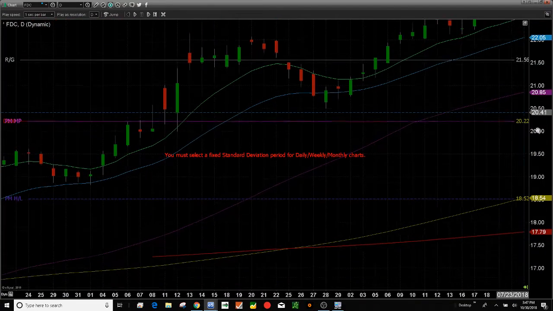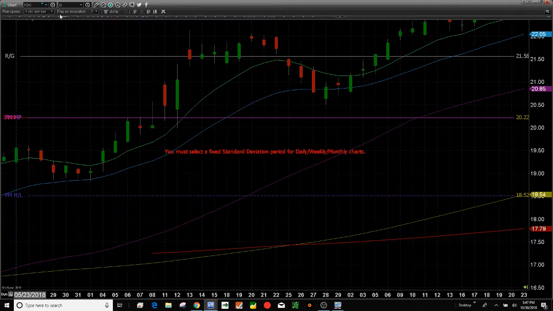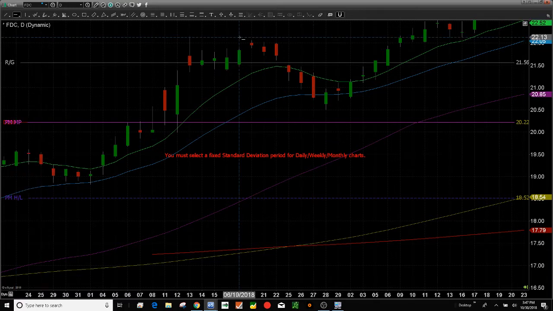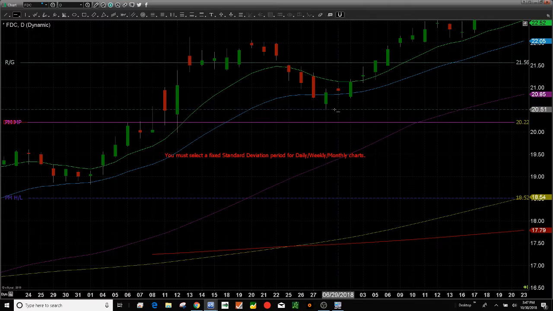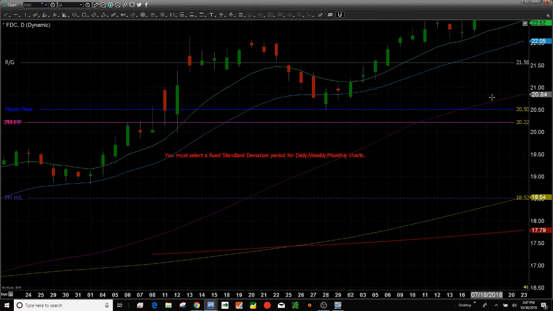We need to mark out macro pivots to know where support and resistance lies. So there's a macro pivot way up here, but it's above the red to green, so it doesn't count. I don't think it's going to go up here. Here's a macro pivot. It could go all the way up to 2050 here. You see that? And then reject down. So that's a significant level.